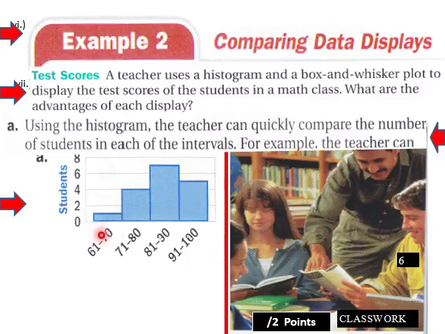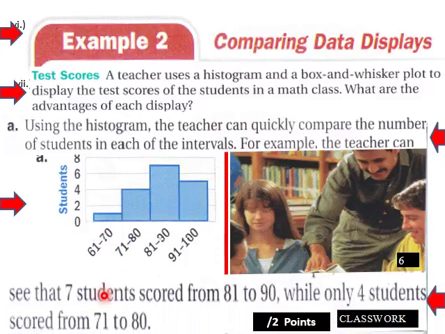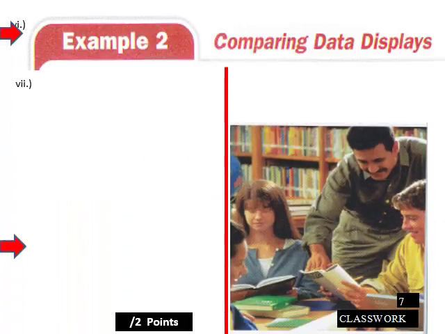That's pretty good. I wish my class was like that. The teacher can see that seven students scored from 81 to 90. So 81 to 90, this will be a 7, the amount of students that scored in this area. That's the advantage of a histogram.